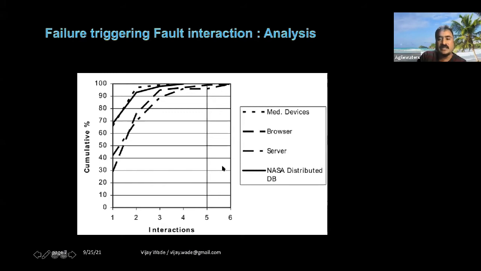Then what happens in the case of the NASA distributed database? This is a thick line. If you test one parameter at a time, and you test all the parameters, millions of parameter options that you have got, you will be only 70% good. So the cumulative amount of defects that you have captured would be roughly around 70% only, and your software would have 30% defects.